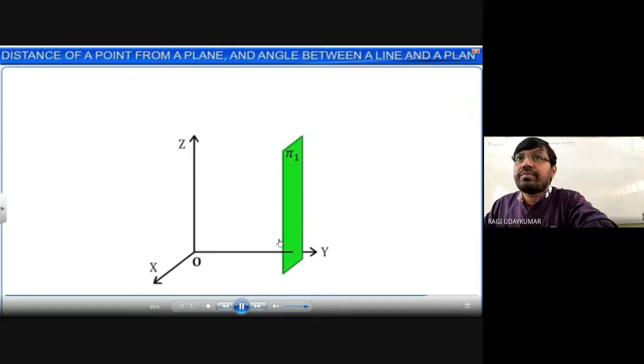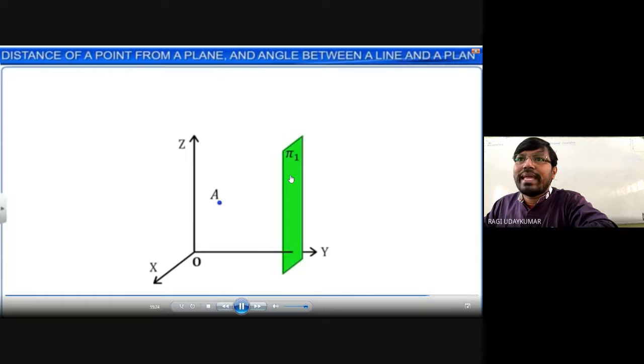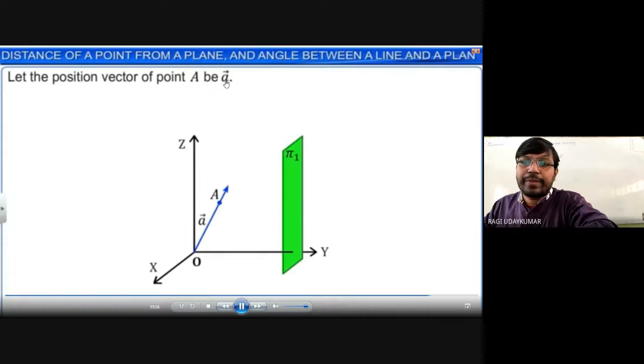Now distance of a point from the plane and angle between the line and a plane. एक plane को line को distance of a point, एक point plane से कितना दूर में है, दूर से कितना दूर में है बोले तो इधर से perpendicular line draw करो. That is normal, you are going to get it. So the position vector of a point is taken as a bar.